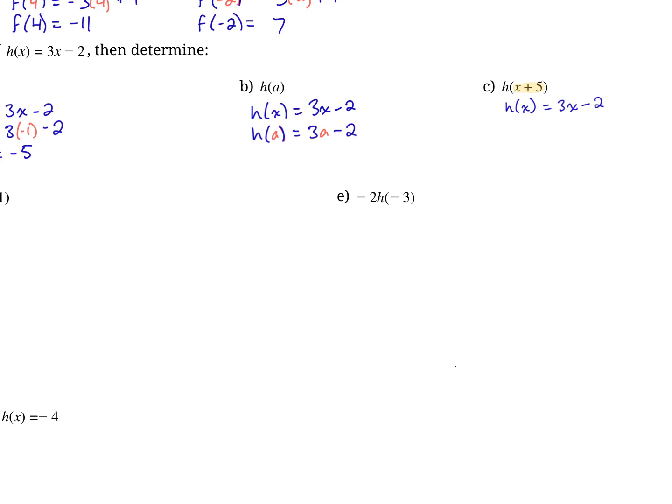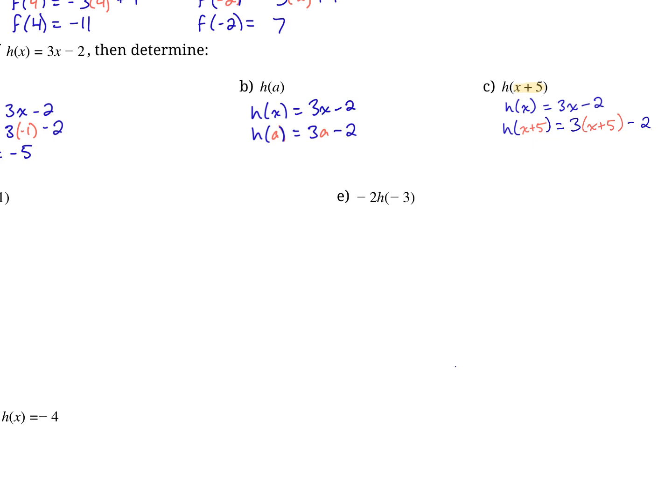So we're going to input that x plus 5 in wherever we see x. So h at x plus 5 is equal to 3, and this is going to be times x plus 5, minus 2.